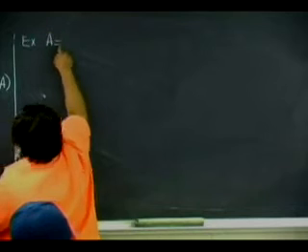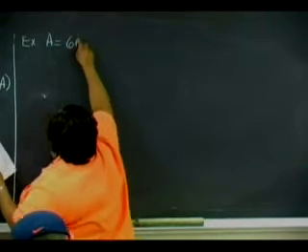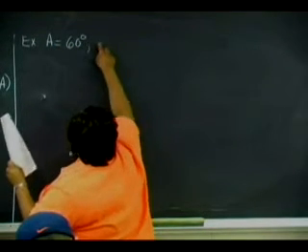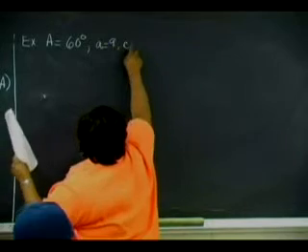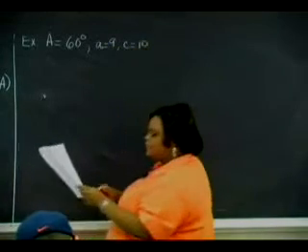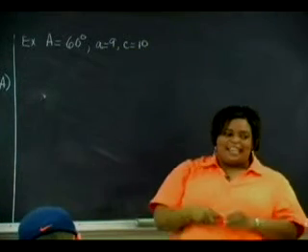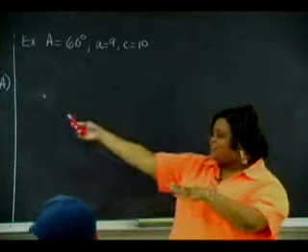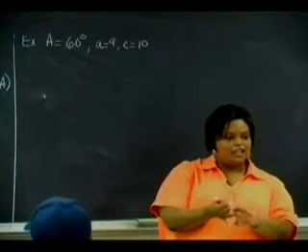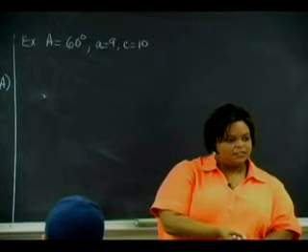We're given that A is 60 degrees, little a is 9, and C is 10. Now, what's given here? It says we're given little a, little b, and what? Big A.